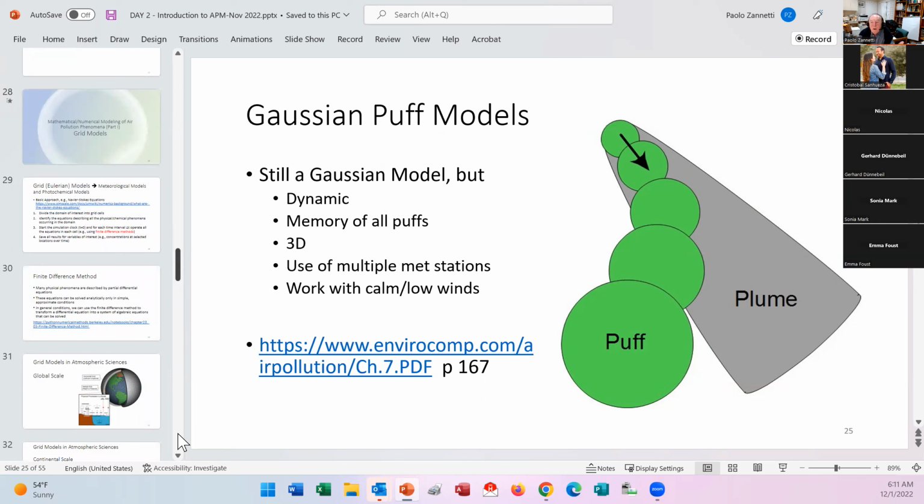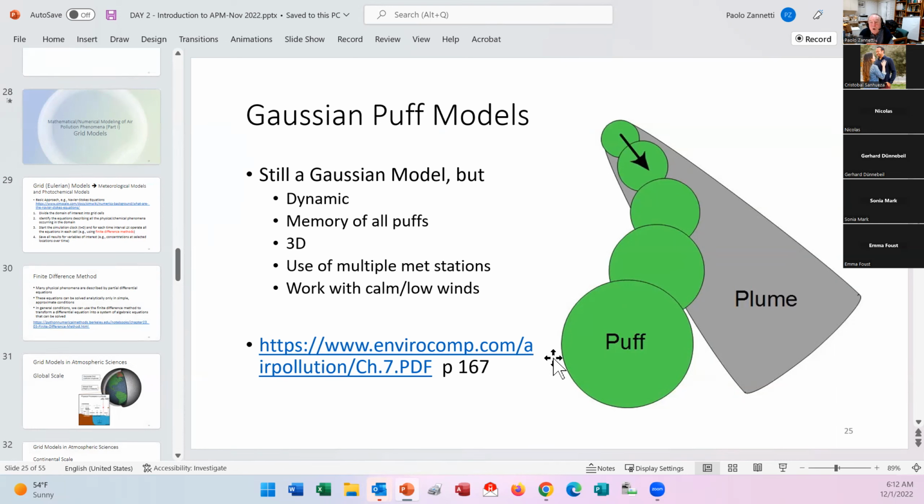And that was the particle modeling which came out in the last few decades. So you see, all the research has been an effort to improve the resolution from a simple straight line plume to a series of puffs, and then finally to a series of particles. All this evolution has dealt with transport and diffusion.